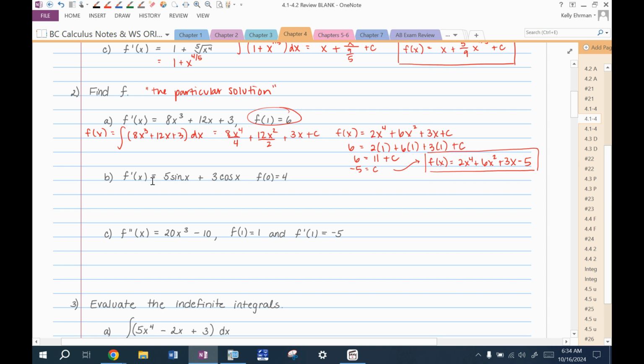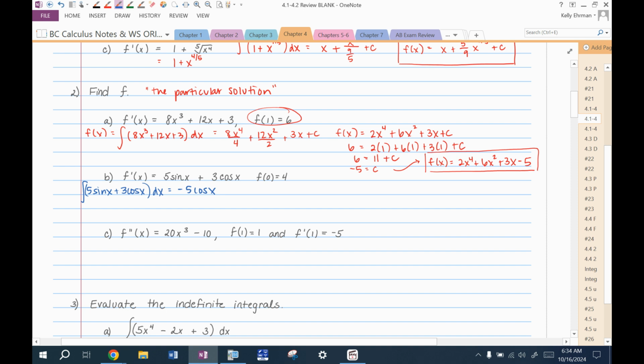Let's see. So for the next one, same idea. So we're going to integrate to begin with. So if I integrate 5 sine x plus 3 cosine x dx, I get, so the integral of 5 sine x will be negative 5 cosine x. And again, if you think you're going to mix up the negatives, there are two ways to remember it.